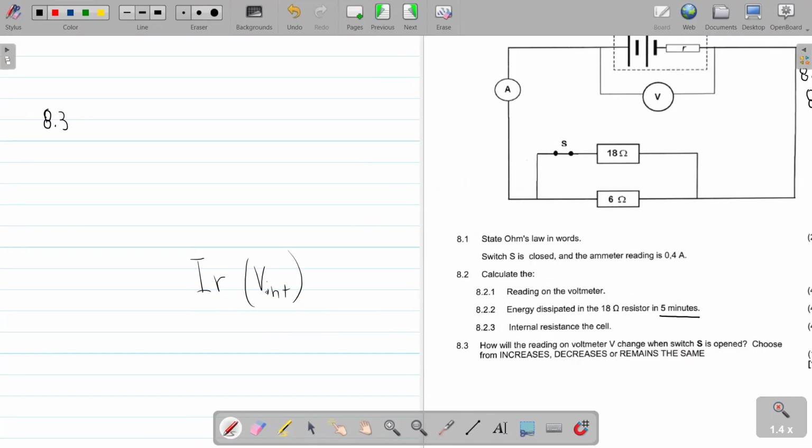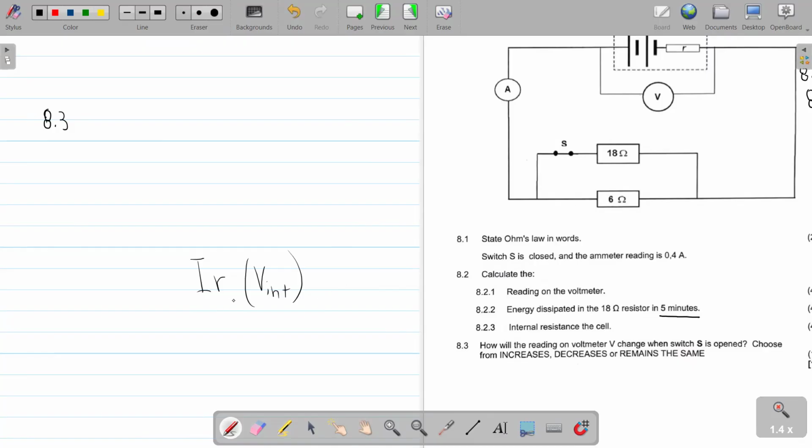Okay, so this means that the reading on the voltmeter will decrease. Okay, if this becomes more, so now if we open the switch here, if the switch is open, the resistance becomes 6. So it means that the external resistance is no longer 4.5, it's now 6 ohms. Okay, so the total resistance has gone up.